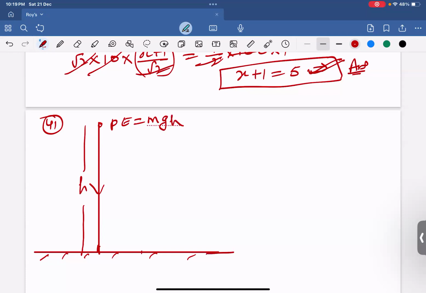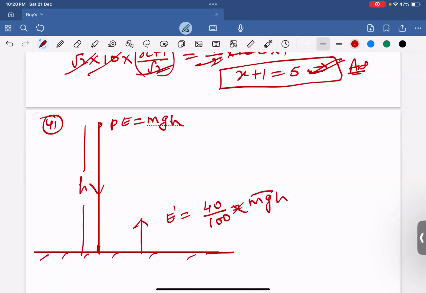While going, it is given that it loses how much percent? 60% energy is lost. So how much is the remaining, Neil? 40%, right? So now the energy it has is only 40% multiplied by initial energy mgh.